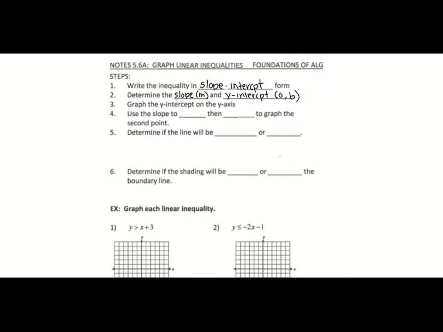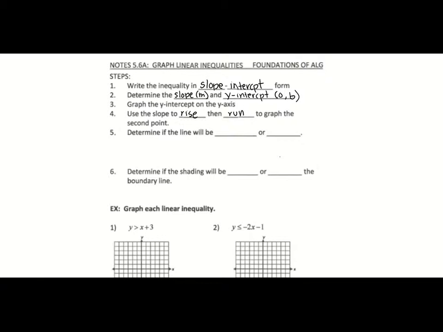Then number 4, use our slope to rise and then run in order to graph our second point. Up to this point, it has been the same process as our linear equations.